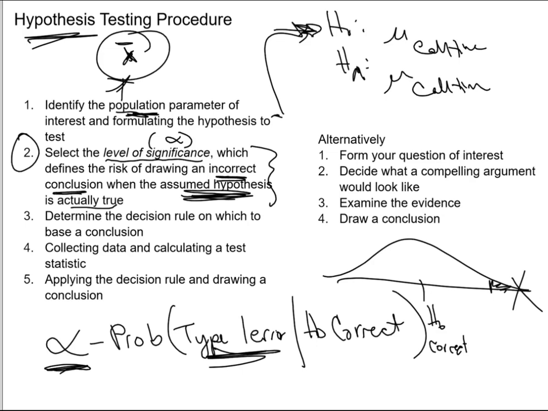So a type 1 error is the null was actually true, but the data led us to believe that it was not true. The data led us to believe what was in the alternative when the null was actually true.